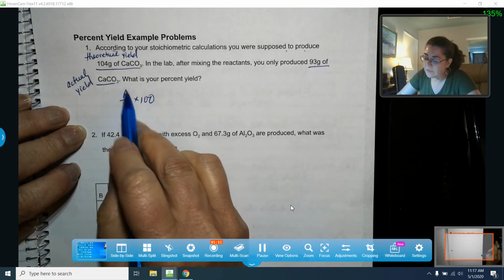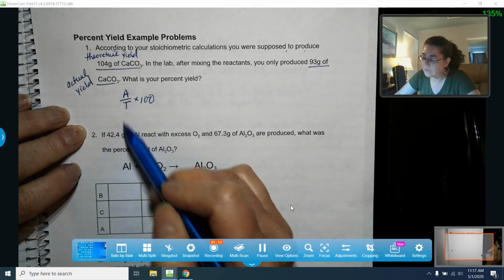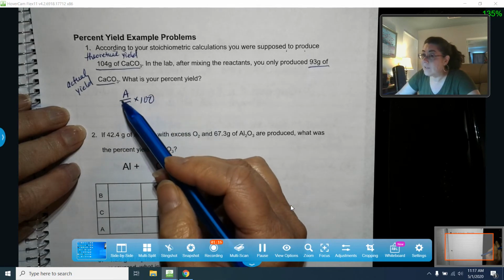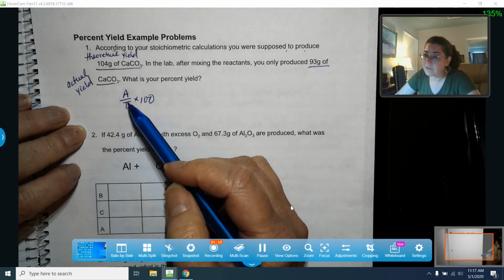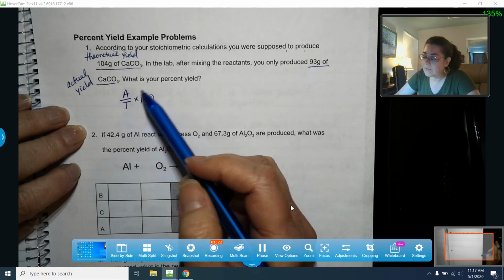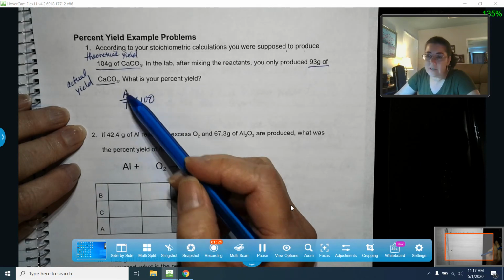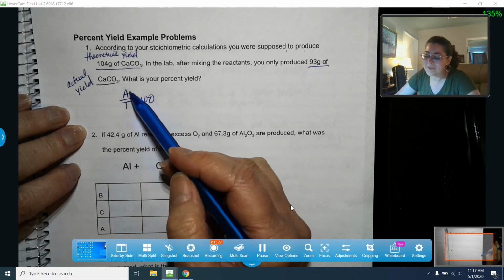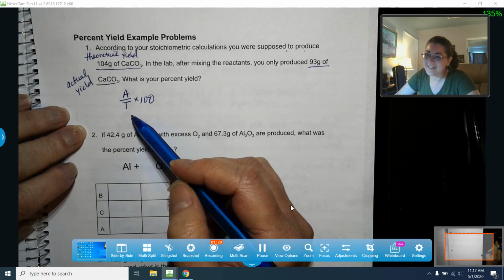I'm doing this shorthand. So actual over theoretical. And the way I remind my students to help them remember the formula is A comes before T in the alphabet.